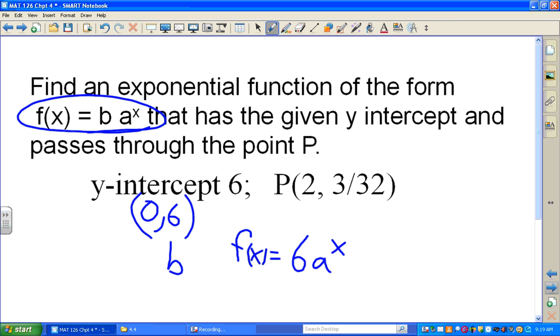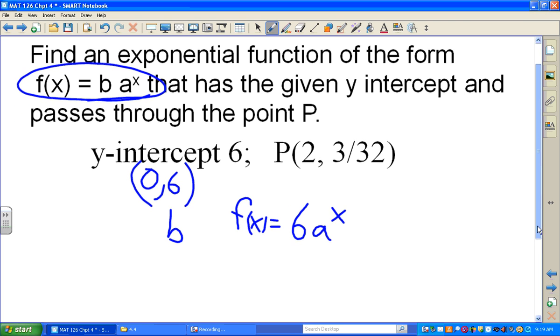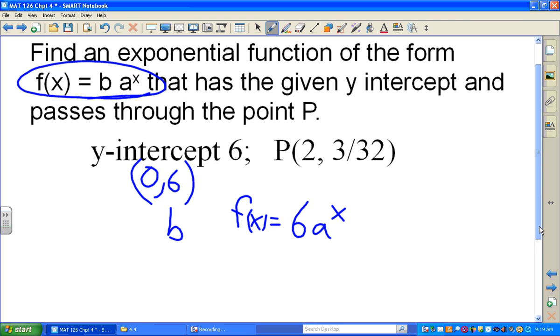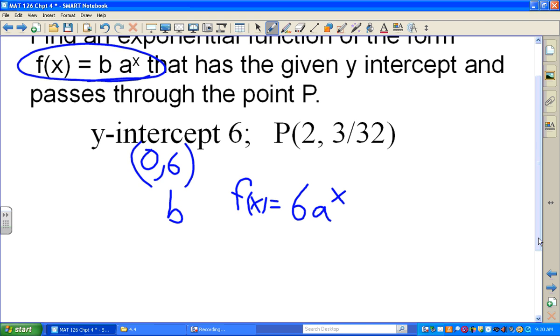So not every number to the 0 power is 1, but most of them. Now, wait a minute. Any number divided by itself is 1, right? Almost any number. Except for 0. Well, 0 doesn't work. Yeah, 0 divided by 0 is not going to be 1. All right, 6a to the x. Take more math classes, you'll see what they are.